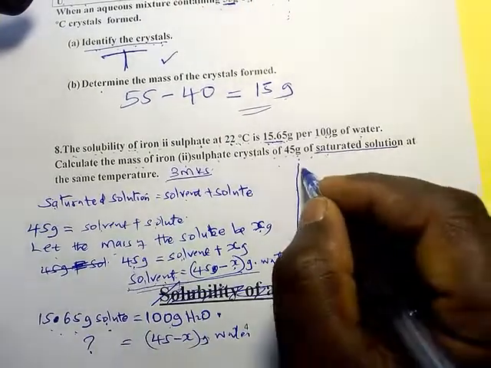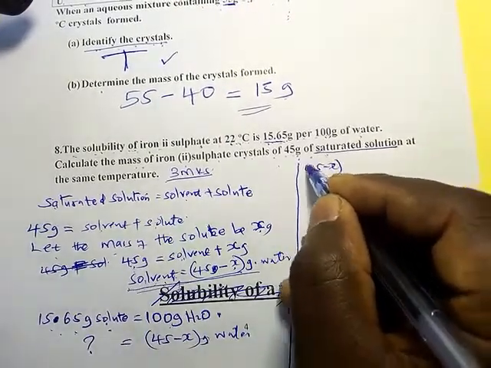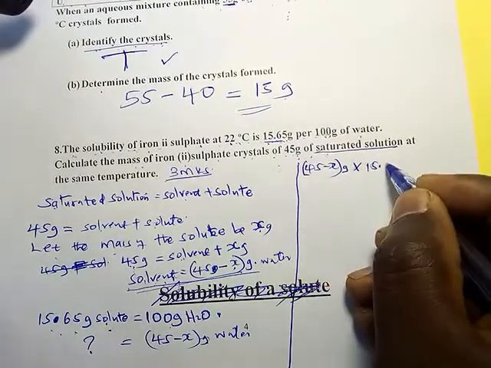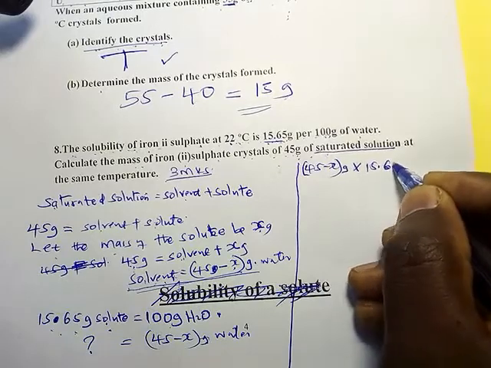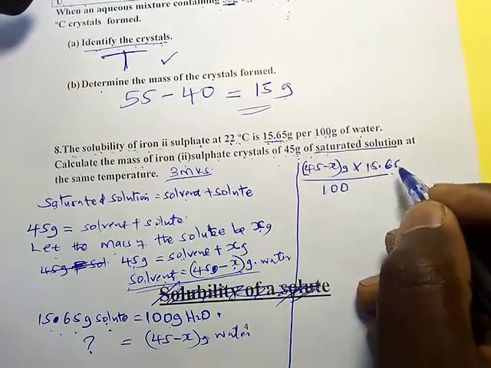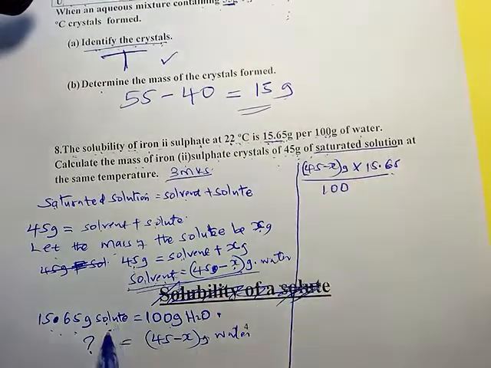We will have 45 minus X grams times 15.65 divided by 100. This is equal to the mass of the solute that we need.